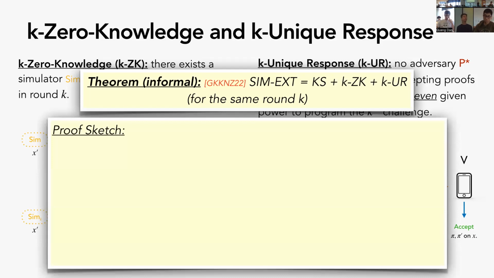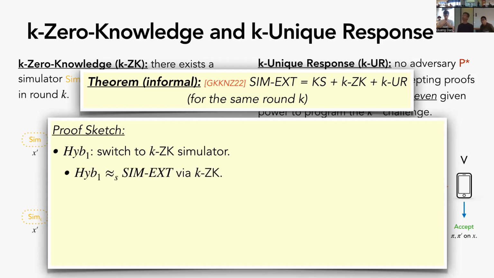Okay, so let me also give a quick overview of how this proof goes. It goes by basically a series of hybrids. In the first hybrid, you switch the normal simulator to the KZK simulator. And this is indistinguishable from the original SIM-EXT game because of the KZK property, which states that the KZK simulator is a balanced simulator.